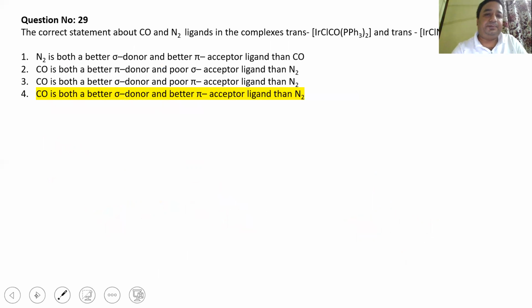Next question. Here it is given: the correct statement for the CO and N2 ligands in the complexes trans-[IrCl(CO)(PPh3)2] and trans-[IrCl(N2)(PPh3)2].